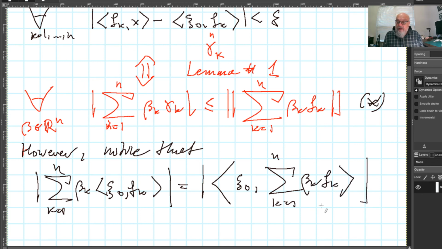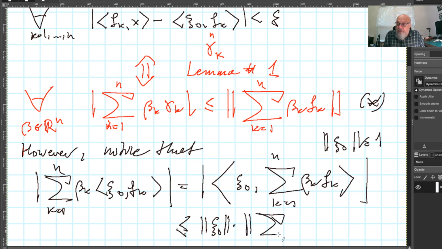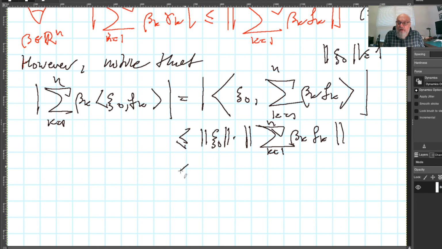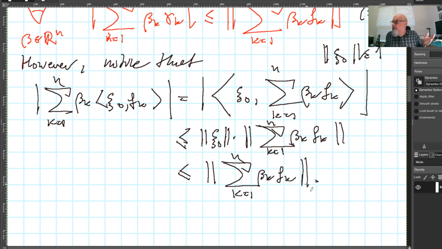And here psi naught has the norm smaller or equal than 1, so we use the norm. So this is smaller or equal to the norm of psi naught times the norm of the sum for k equal 1 to n of beta k Fk, but the norm of psi is smaller or equal to 1, so that means we are getting smaller or equal to the norm of the sum of beta k Fk, and we proved it.